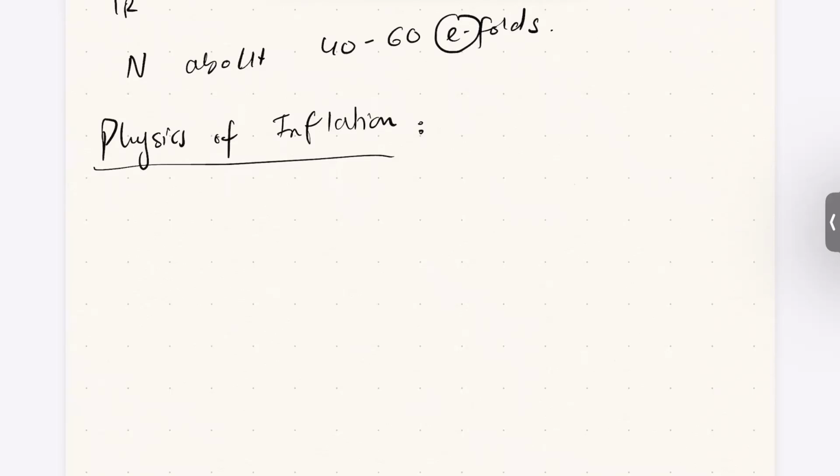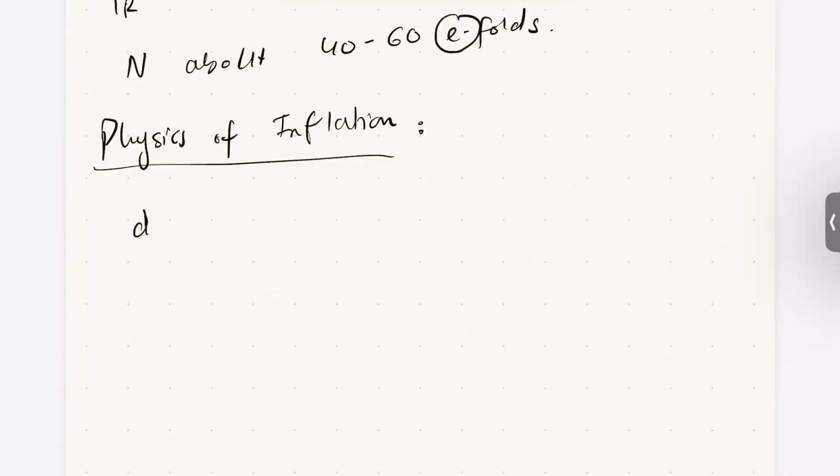Mathematically, we will see it in a bit, but we understand why it should vary slowly, because we need inflation to last an optimum amount of time, right? So if our dynamical objects that probe the physics of inflation vary very quickly, then inflation will not last long enough, right? So we need them to vary very slowly. So there are two key characteristics: one is the shrinking Hubble sphere, which gives you the acceleration, right? And we need the objects to vary very slowly.